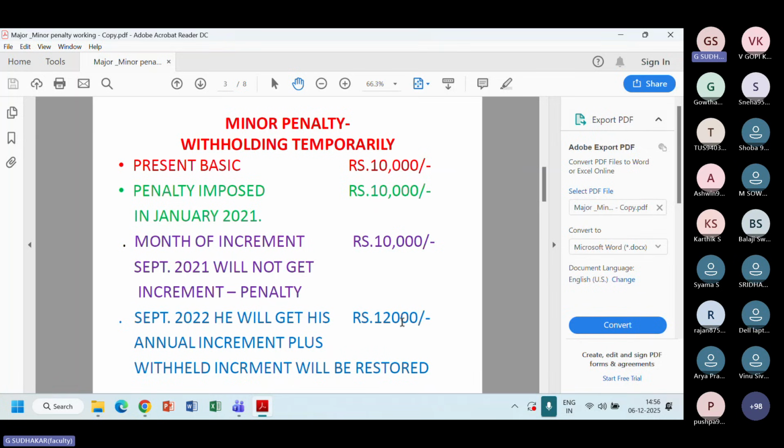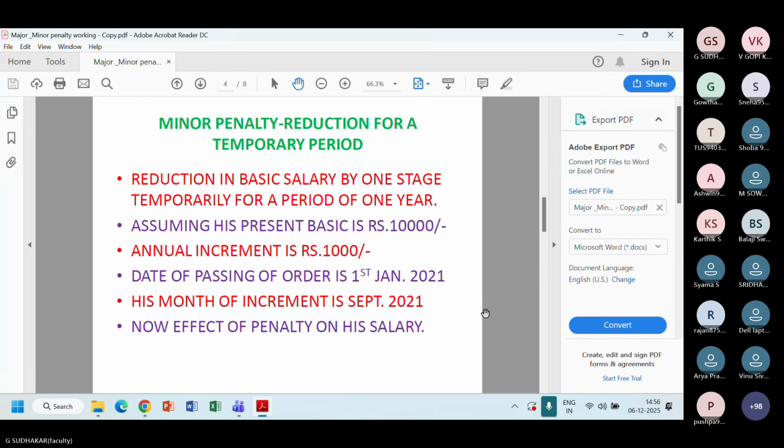It is restored after 1 year. So this is the example of minor penalty, withholding of one increment for 1 year temporarily. He will not get the normal increment in that particular month, but after 1 year, he will get the old amount of increment plus the new increment, 12,000. Okay. Next.